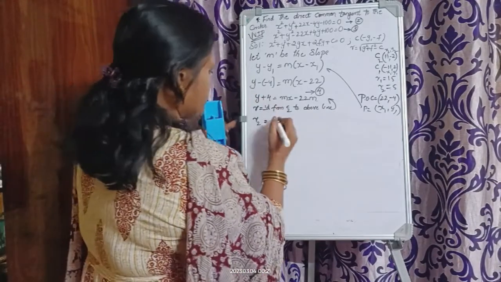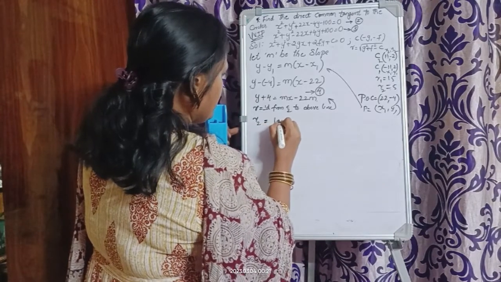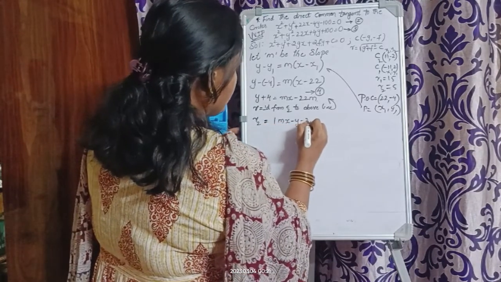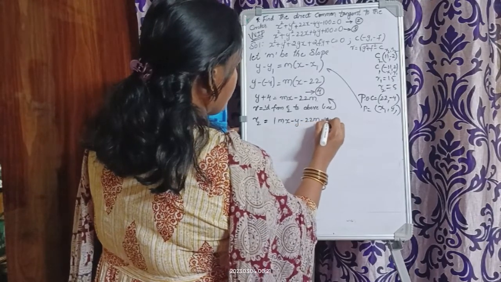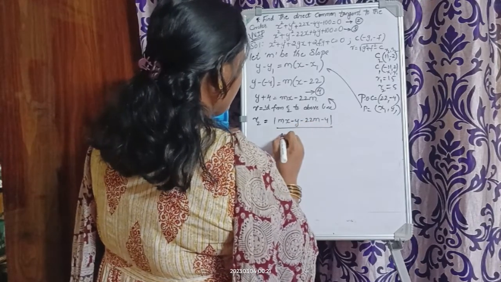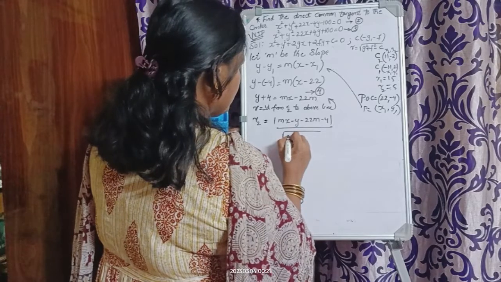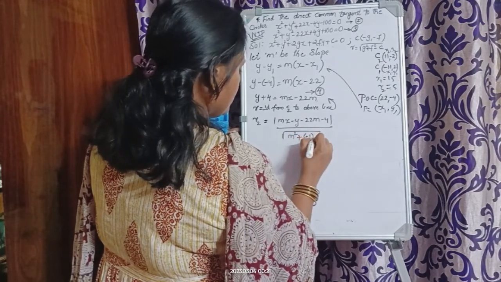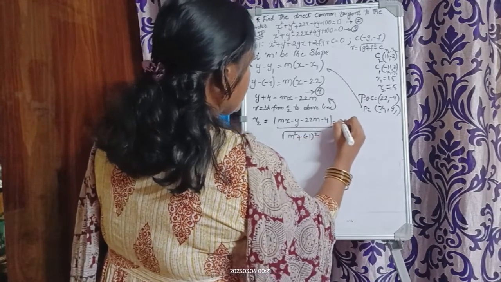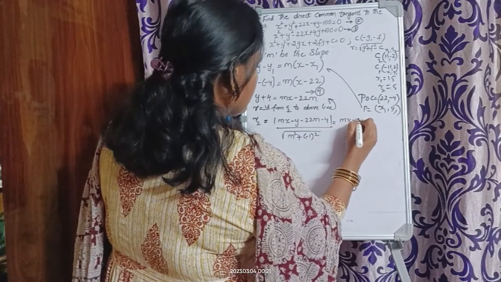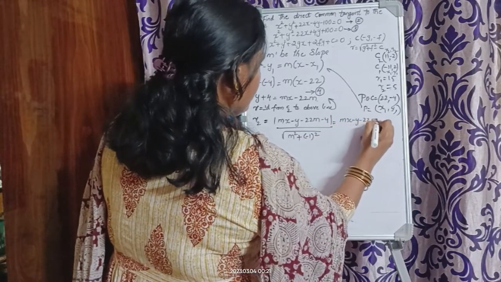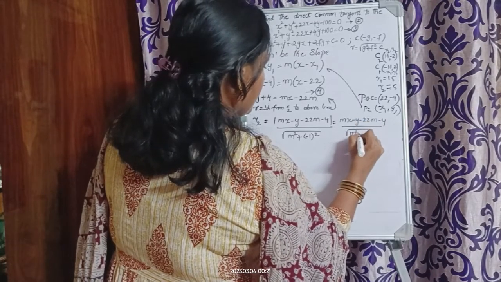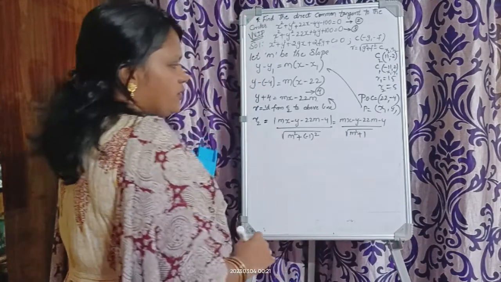So with this condition R2 is equal to, I'll write this in one form, mod of mx minus y minus 22m minus 4 divided by the square root of the coefficient of x, which is m, squared plus minus 1 squared, so m square plus 1. Right?